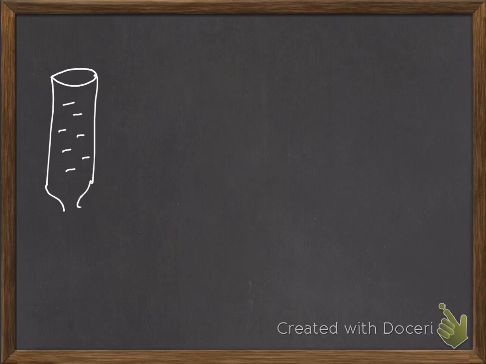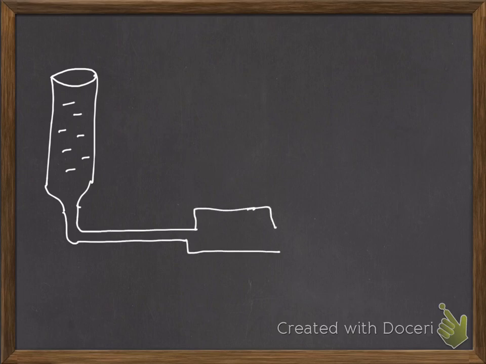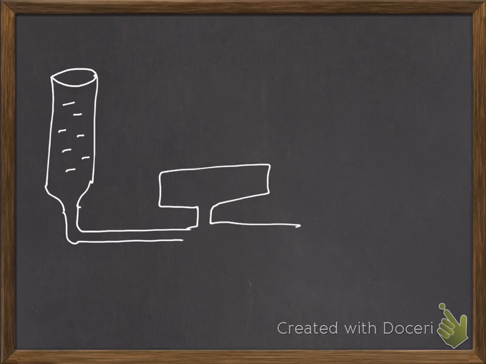So the setup of your experiment is you have a column which is filled with resin with negatively charged beads. As amino acids are eluted from the column, they pass by a reservoir which adds ninhydrin. And I'm going to try to actually draw this just like I did in class so it doesn't confuse anyone.